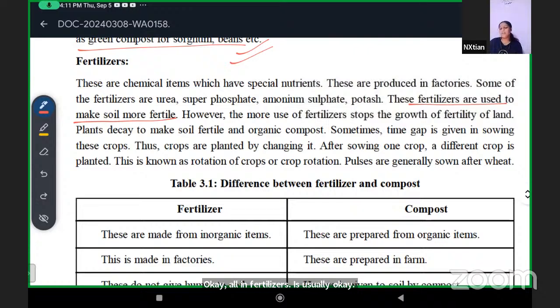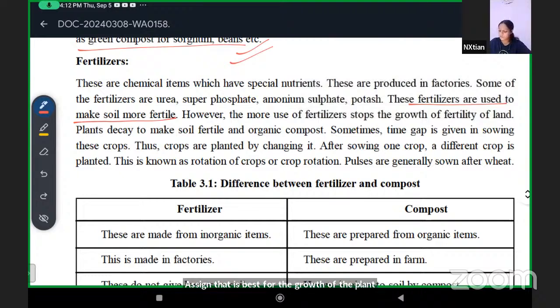Now, how do they make the soil more fertile? They can make the soil better for the plants in such a way that plants grow well in it. Fertile means the soil that is rich in nutrients, a soil that is best for the growth of the plant.